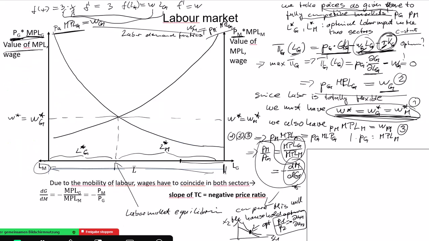Well, then having this, we went to the overall labor market, because then we say, well, what are our firms doing? Of course, they are maximizing their profits. And the only variable which we have is labor. This enters the profit function at 2 points.